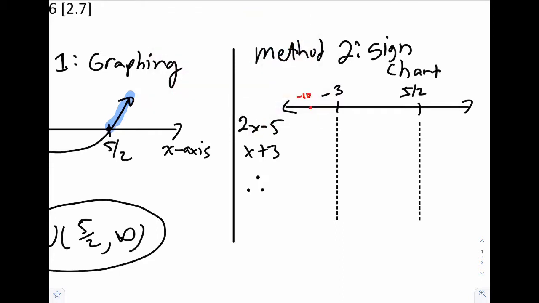Plug it in here and think about if the outcome is positive or negative. In this case, it would be negative, because that'd be negative 20 minus 5 is negative 25, so definitely negative. Plug in negative 10 here, the outcome is negative. Multiply it together, and your outcome, your therefore, is positive.